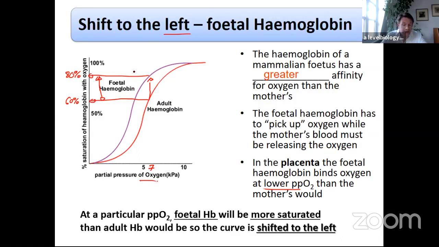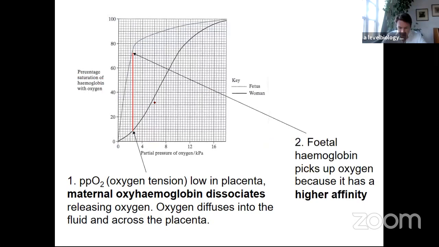So the fetal hemoglobin is more saturated as it leaves the placenta than it would be if it was adult hemoglobin. So it's shifted to the left. I prefer to look at it as a shift up because it's got an increased affinity for oxygen. I think I've said all of that.